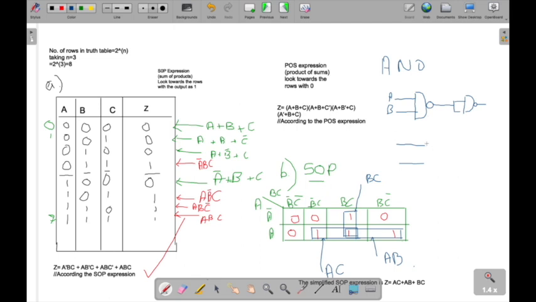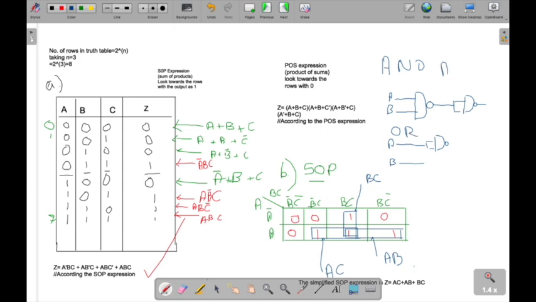The OR gate of the NAND is something like this. Say you have something like this. Let's say you have to add A plus B. This is the OR.